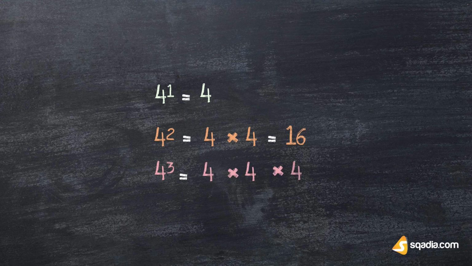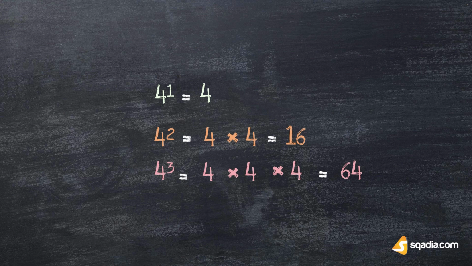Because 4 into 4 into 4 equals 64. That's why a codon with 3 nucleotides would yield enough combinations to code for the 20 different amino acids that commonly occur in proteins.